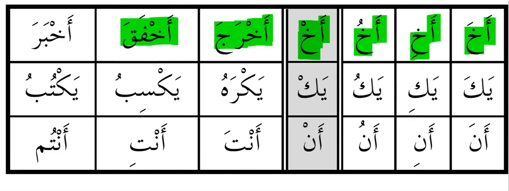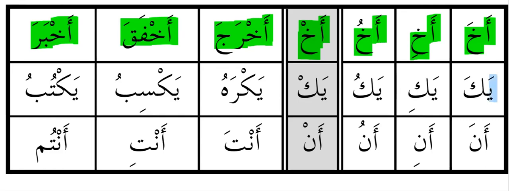Again, the next one, a, and the kha with the sukoon, ba, ra. So we say akh, ba, ra, akhbara. We go on to the next one.